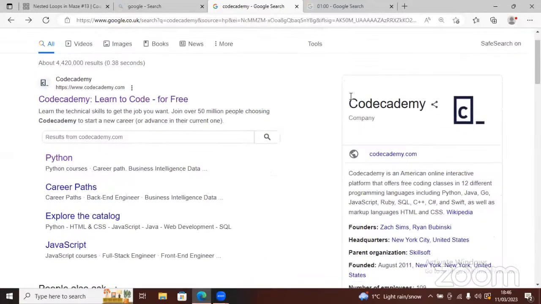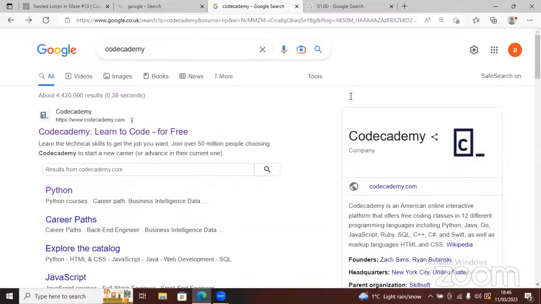Continue going up. Or you could press the world sign, where it says codeacademy.com. Up a bit, up a bit. I've still gone up. The URL. Okay, maybe the Zoom is covering that.